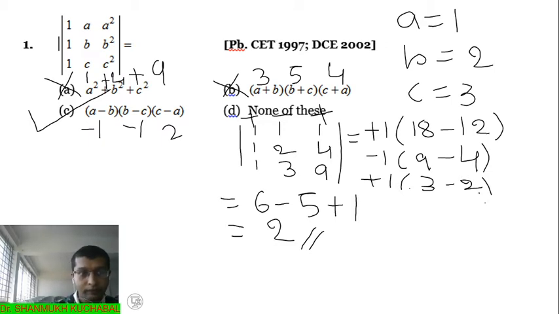Further we have to substitute those values in the determinant and simplify it. In the options also we have to put those values, a simple calculation you have to do, and you should get both values the same. That will be the correct answer.